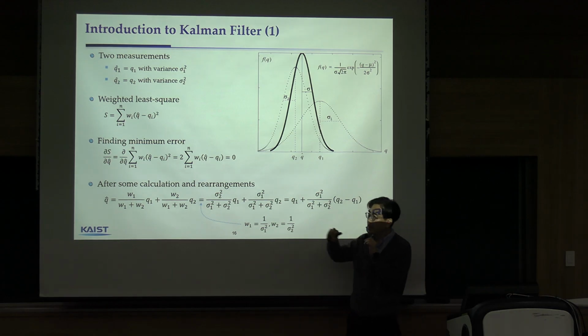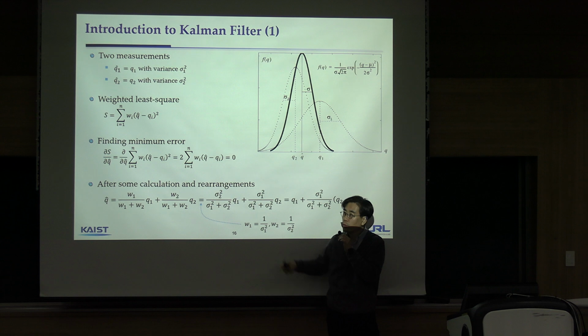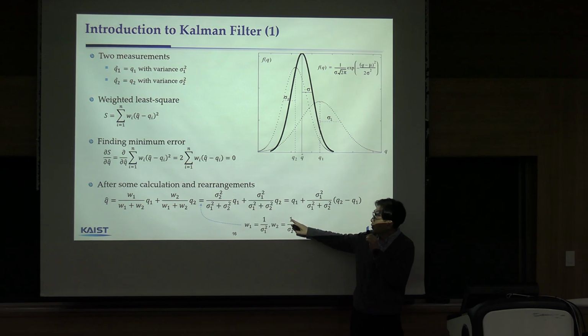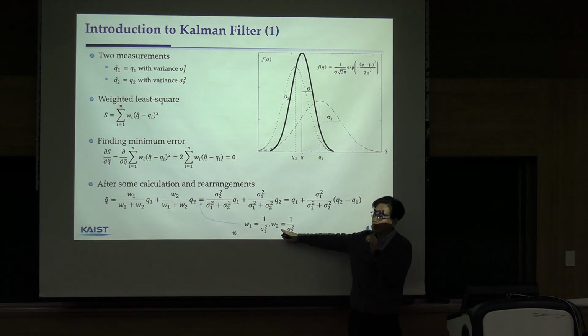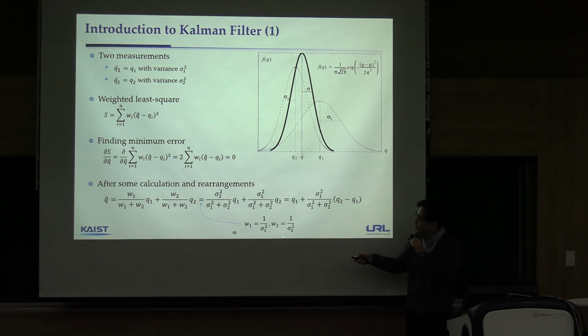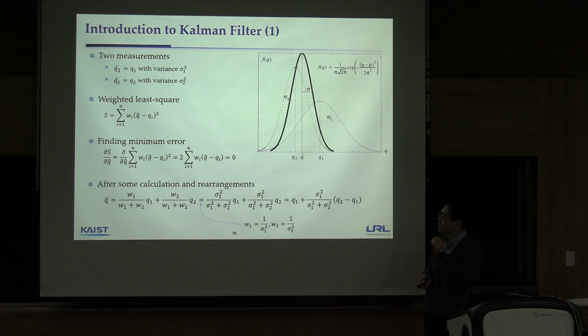If you have a large sigma, it means large uncertainty, so that is less important and we decrease the weight. If you have a small covariance, then we have a large weight on that. Using W1 and W2 like this, if you substitute, you can obtain this result.